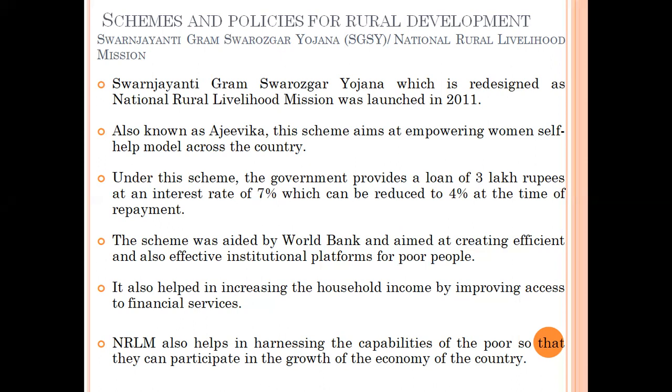This scheme aims at reducing urban poverty by improving livelihood opportunities through skill training and skill upgradation for self-employment, subsidized bank loan for setting up micro enterprises, organizing urban poor into self-help groups, among others.